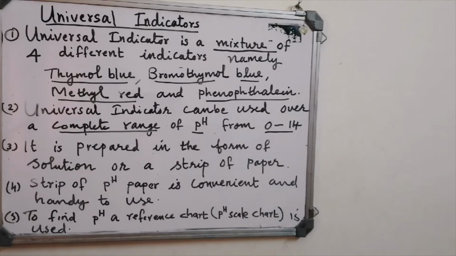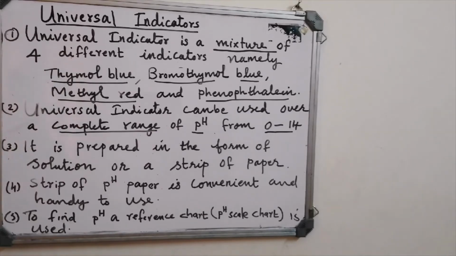Synthetic indicators are used to test whether the solution is acidic or basic. But synthetic indicators do not tell us how strong the acid or base is. In this case, universal indicators are used. Universal indicator is a mixture of 4 synthetic indicators.